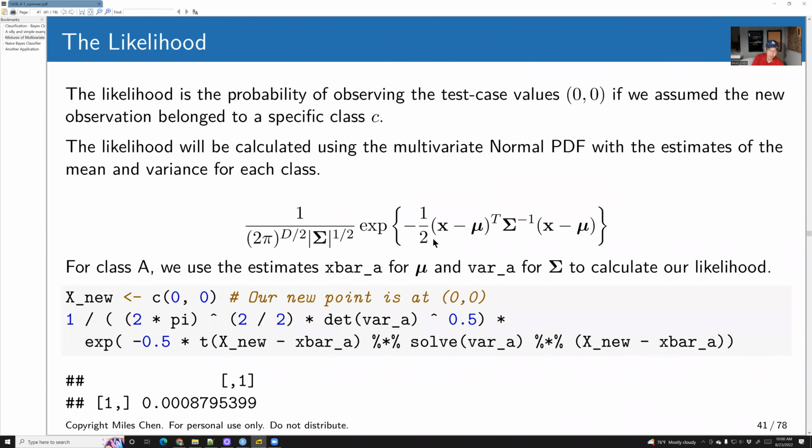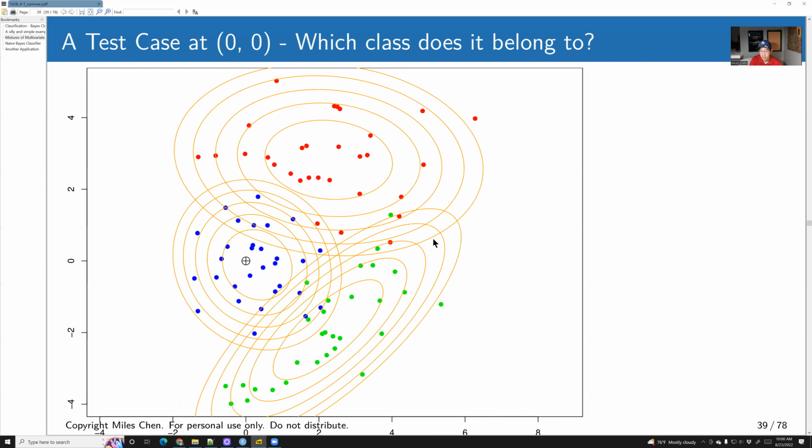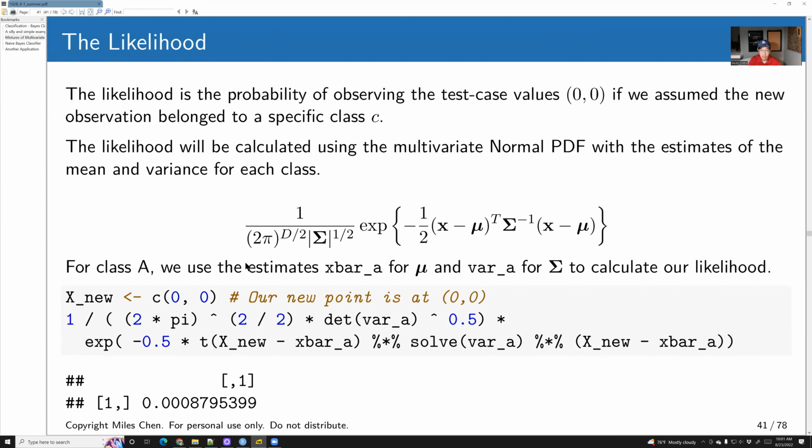The likelihood is a matter of plugging our value into the normal PDF, the multivariate normal PDF. We ask, what's the normal PDF of getting 0, 0?